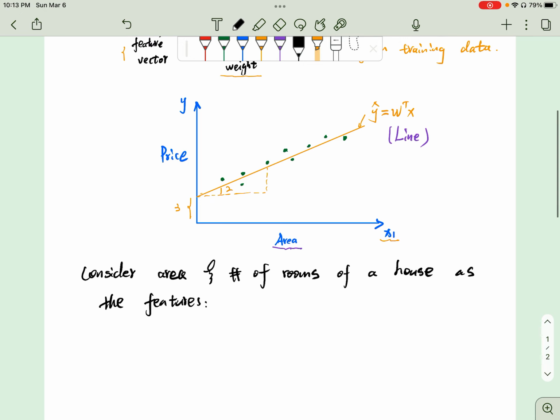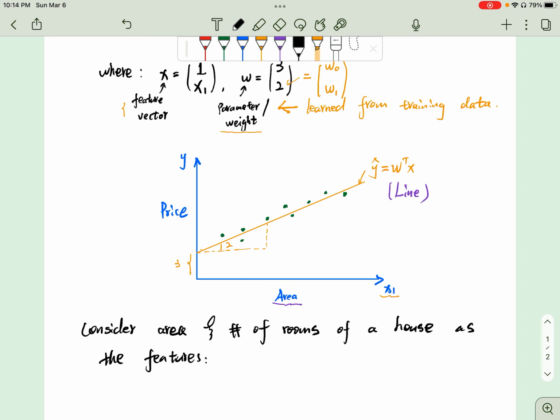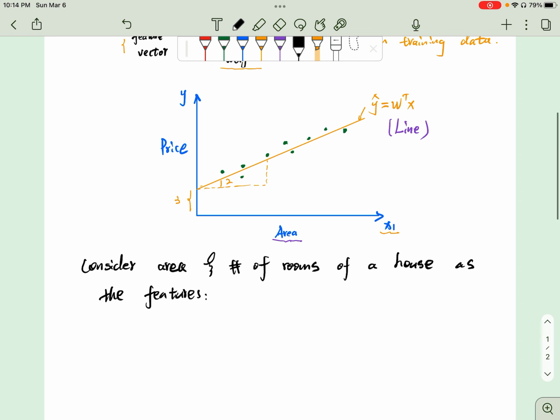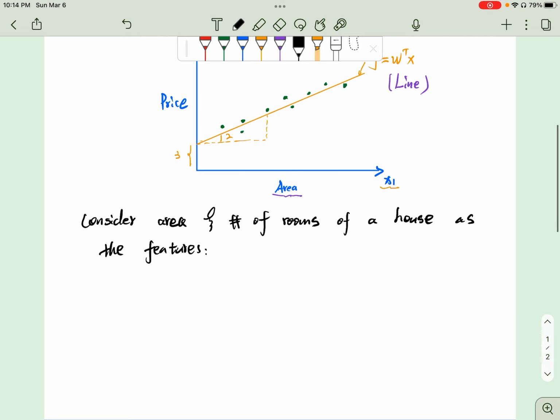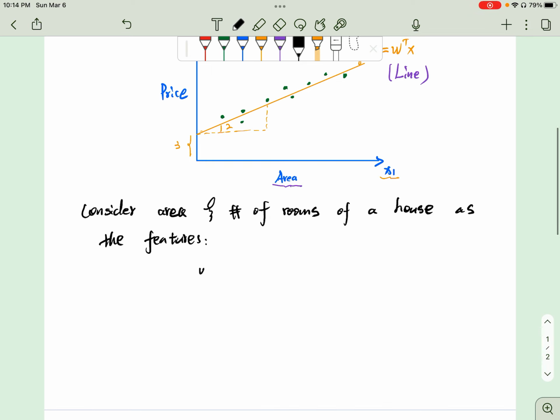So now we have 2 features of the data. Before that, we just had one feature, that is area. Now one is the area of the house, and the other is the number of rooms. Let's do a similar thing. Now let's suppose the model you found is something like this.